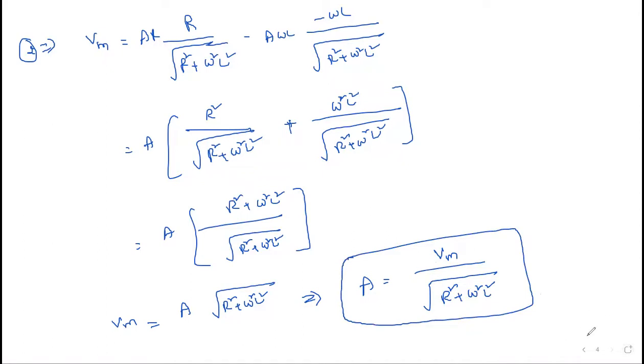From this, finally I can write the response current passing through the circuit. Now i of t is equal to, what was the assumption? A into sine of omega t plus theta.